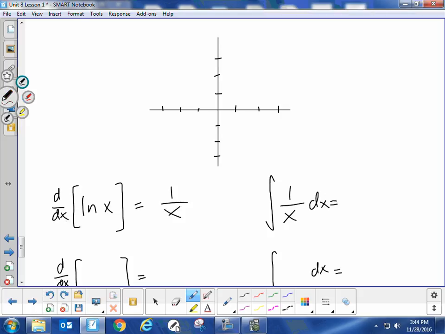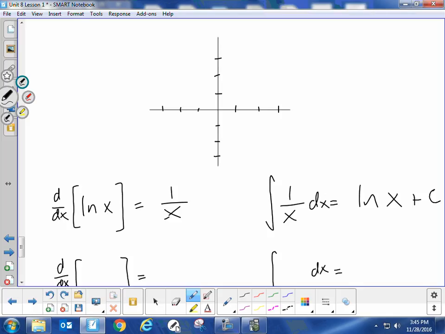If it was f of x, it'd be 1 over f of x times f prime of x. Well, guess what the antiderivative of 1 over x is? The natural log function plus a c. Seems so easy, and it kind of is, but also it kind of isn't.